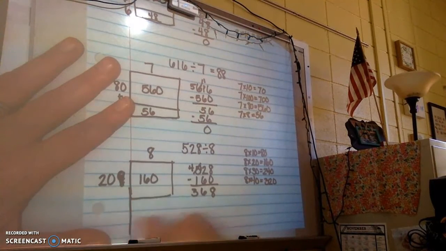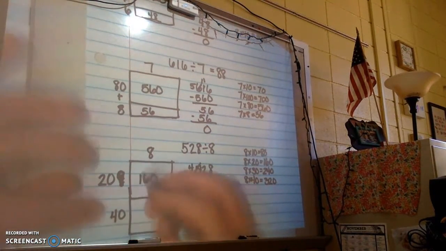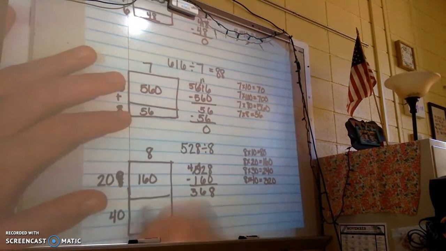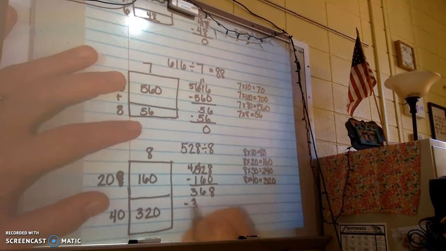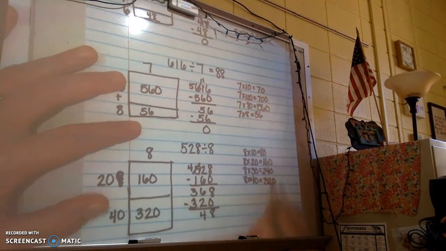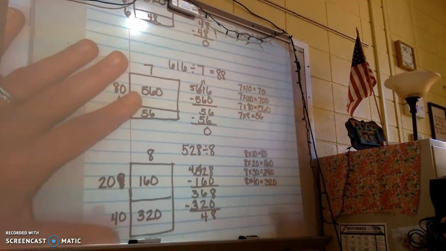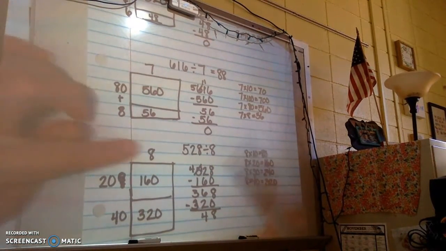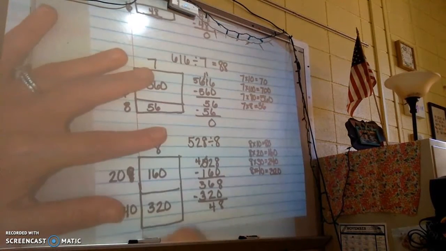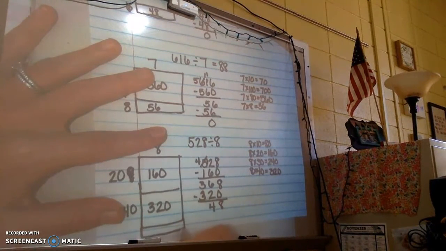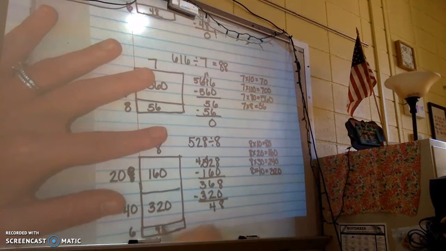It's going to be a little bit bigger. 40 is a little bigger than 20. So 40 times 8 is 320. Subtract that from 368. Get 48. Oh, I know that 8 times 6 is 48.